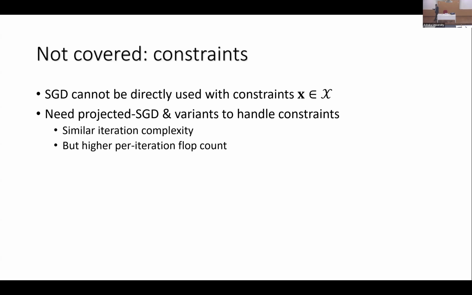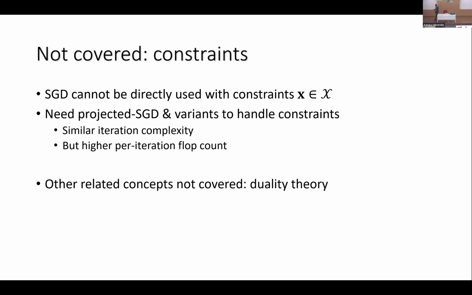If there are constraints, you cannot use classical SGD; you need some modifications, like projected SGD. Then they would have higher iteration complexity and higher per iteration flop count, or similar iteration complexity but higher per iteration flop count. And if the constraints are complicated, you also need to know about some Lagrange duality.